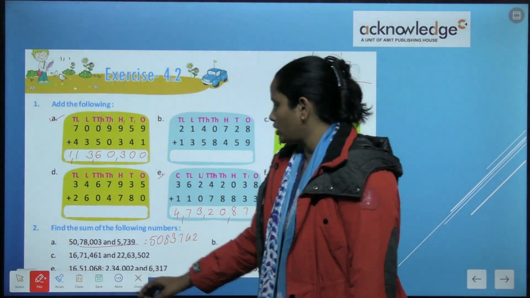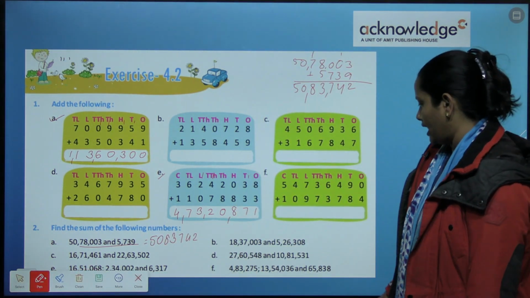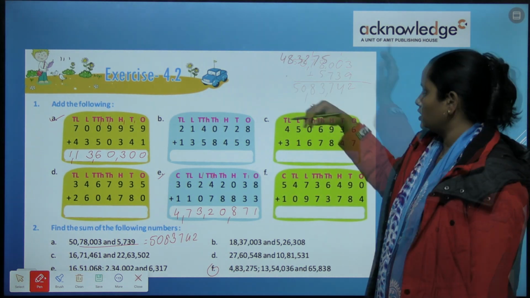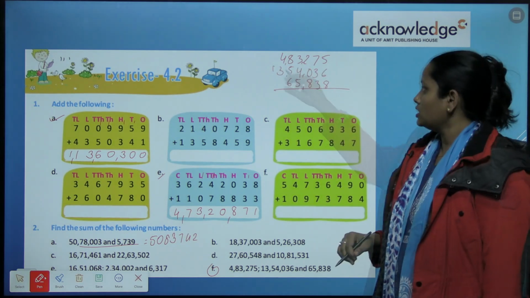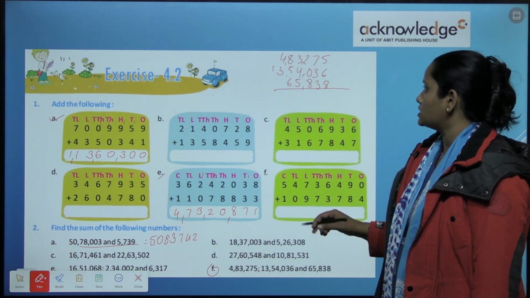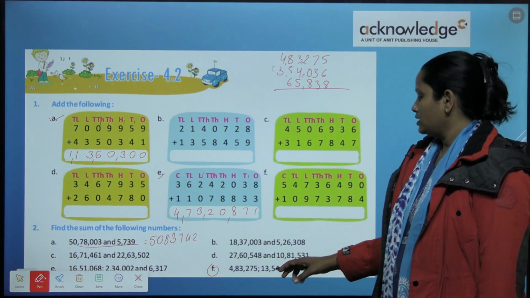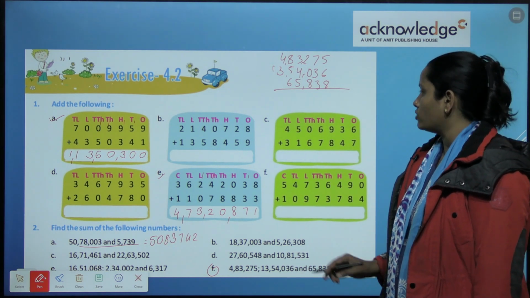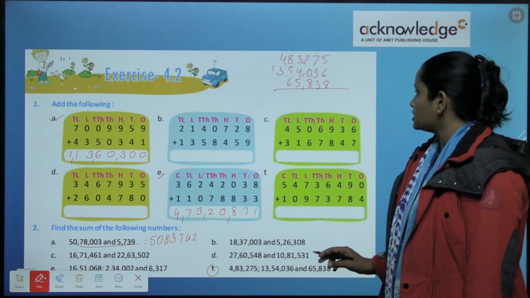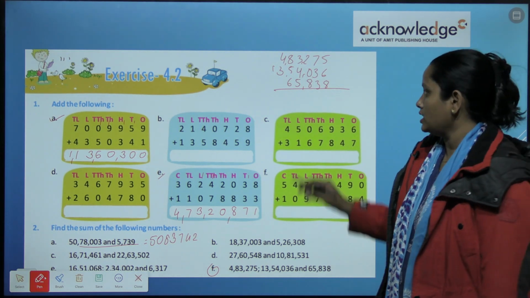Now let's move on to another question that's given here. Let's add this if question number F. So this is the first set of number. So these are the numbers. The numbers are 4,83,275 plus 13,54,036 and 65,838.